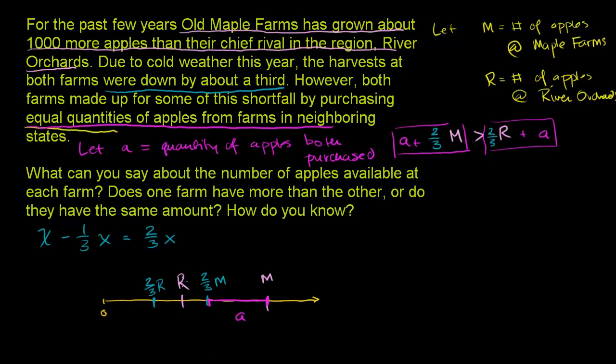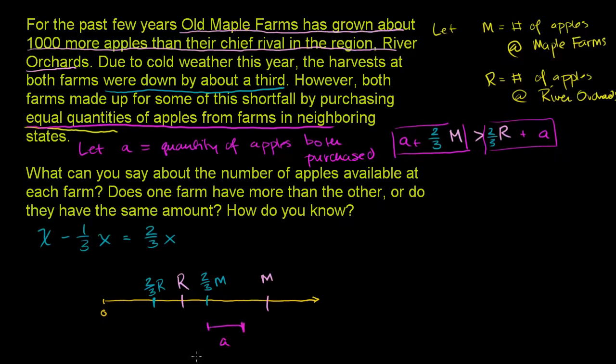Now, River Orchards also purchased A apples. That same distance, A, if you go along here, gets you to right about over there. Let me do it a little bit differently because I don't want it overlapping. So Old Maple Farms purchases A apples, and that gets them that far.